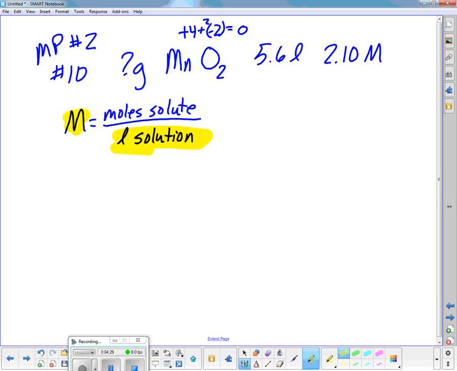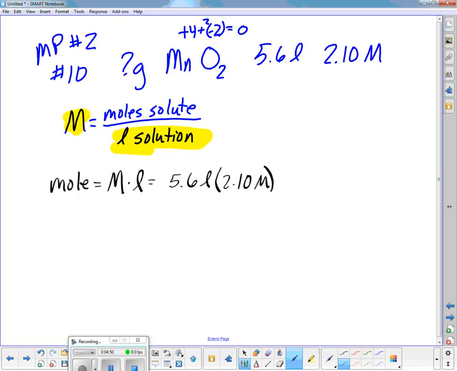Those are the 2 things I have, right? So I need to find moles. Once I find moles, then I can find grams. So let's rearrange this. Moles are going to equal molarity times liters. 5.6 liters times 2.10 molarity. So I'm going to times those through, and I'm going to get moles.